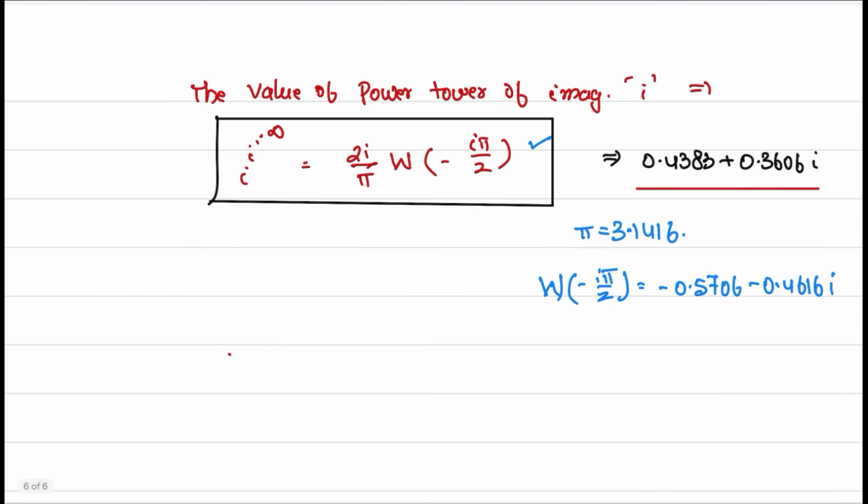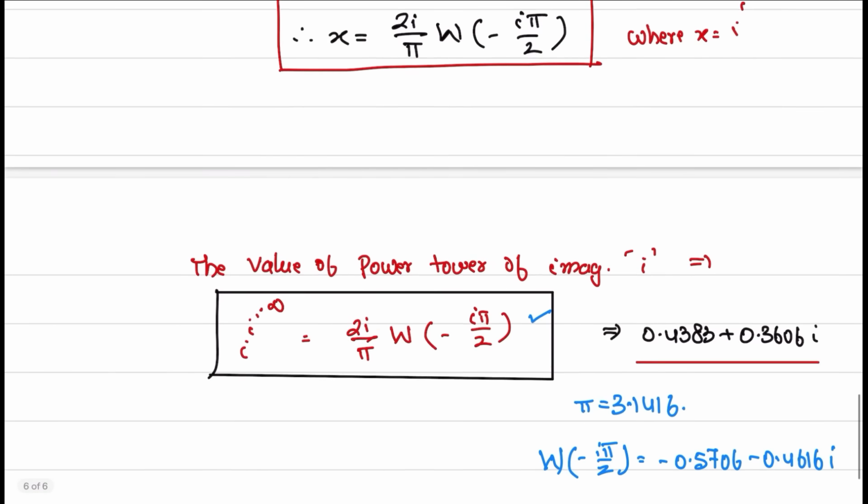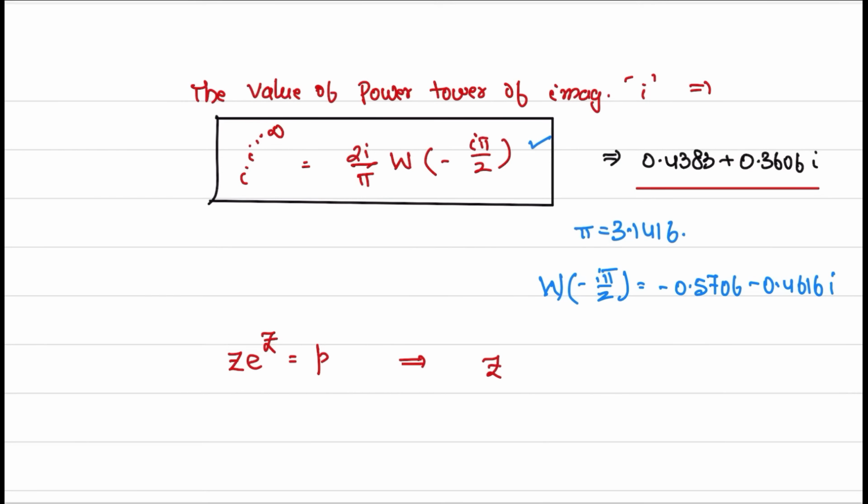Some z into e to the power of z is equal to some value, let us say p instead of x, it will be more relevant. Then z is equal to W of p. This is the Lambert equation.